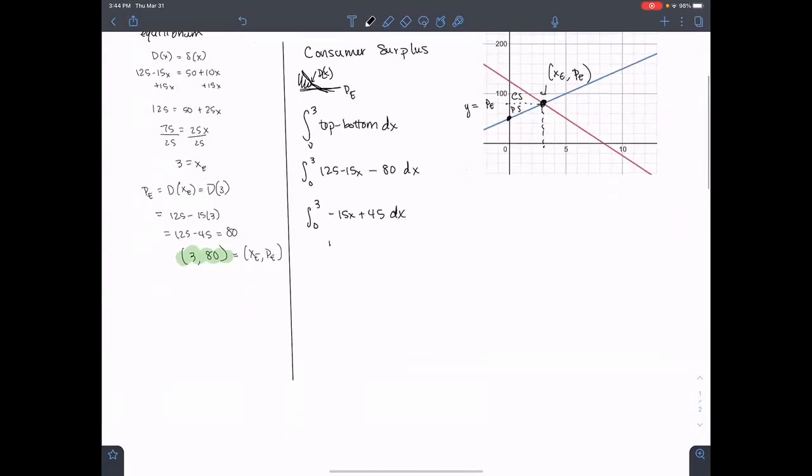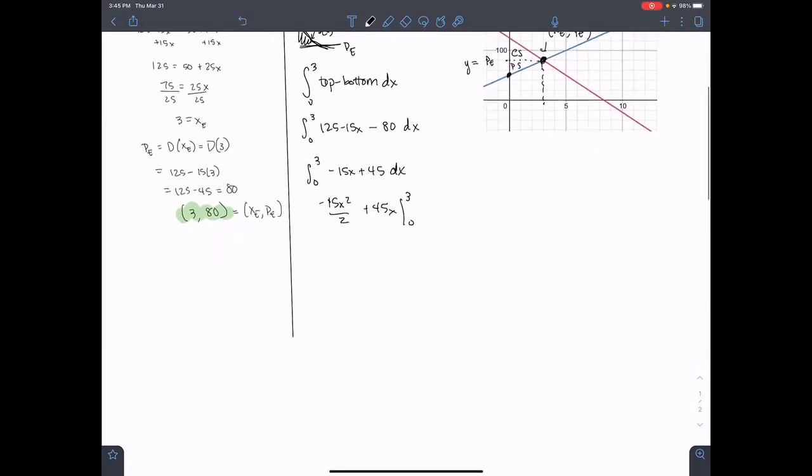And then we're going to integrate. So negative 15x squared over 2 plus 45x, evaluated from 0 to 3. So negative 15 times 3 squared divided by 2 plus 45 times 3 is 67.5.